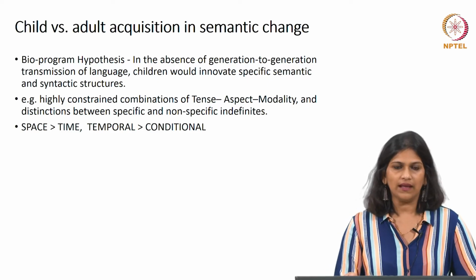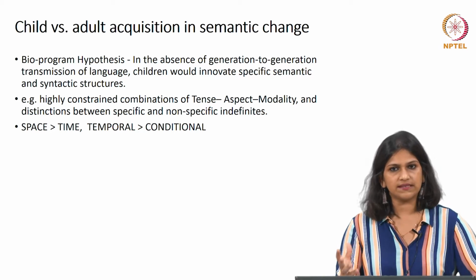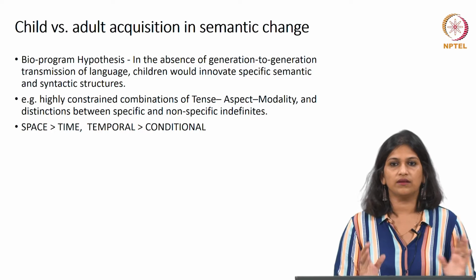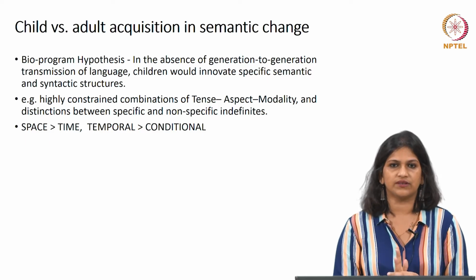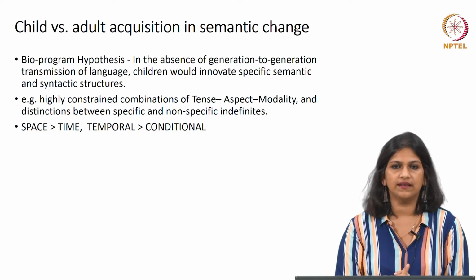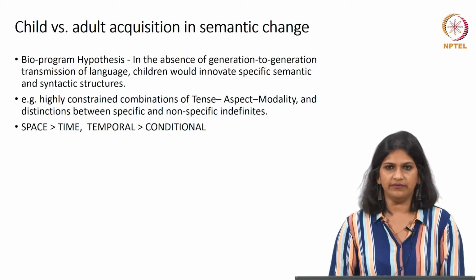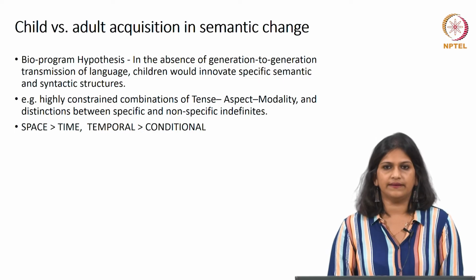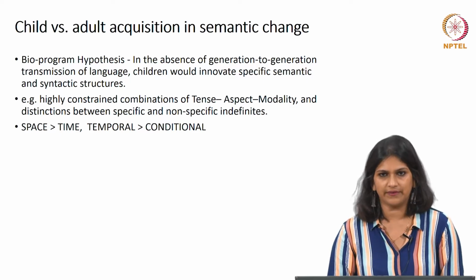In this connection, I would like to highlight that there has been a considerable debate about the innovative attitude of either the children or the adults as far as changes in natural language are concerned. Some people would argue that children are more innovative and creative, and on the other hand, some other people would argue that adults are more innovative and creative.